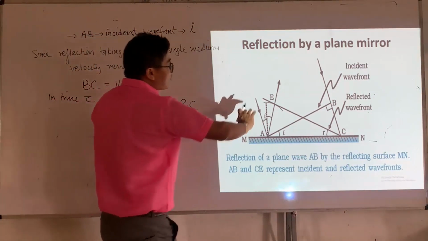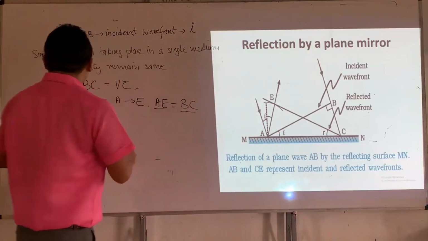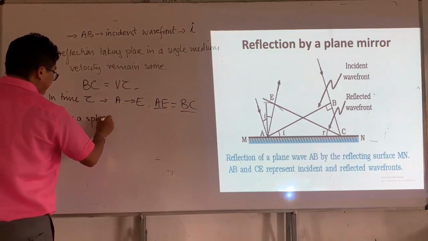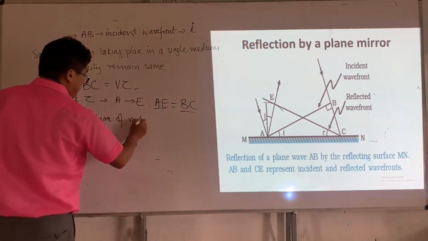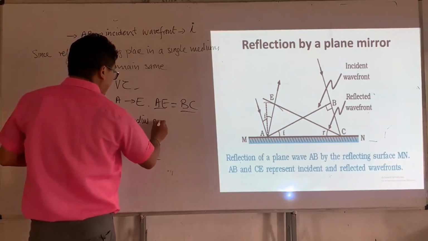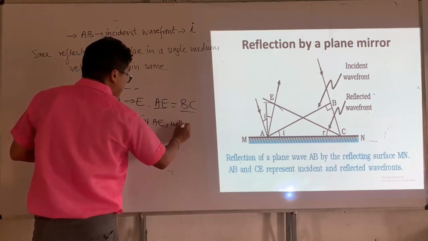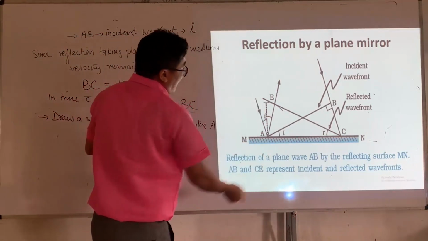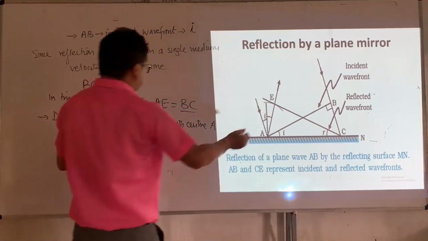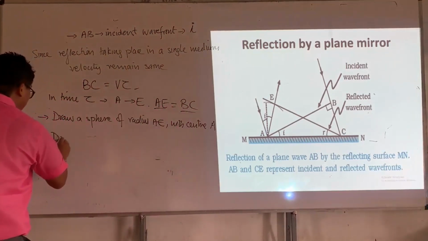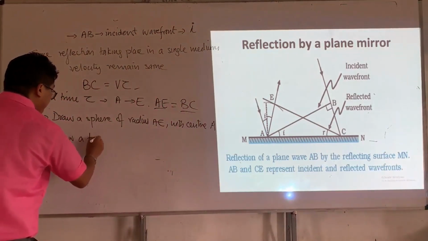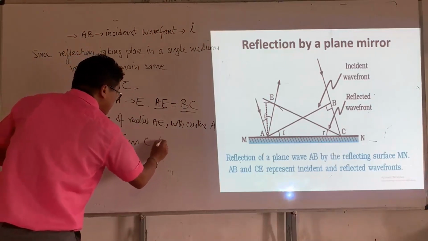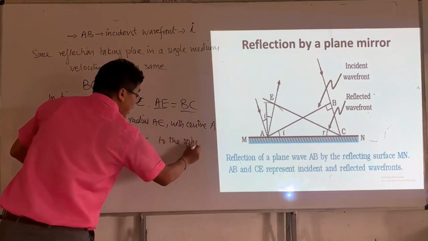I draw a sphere of radius AE with center A. Then I draw a tangent from C to the sphere.